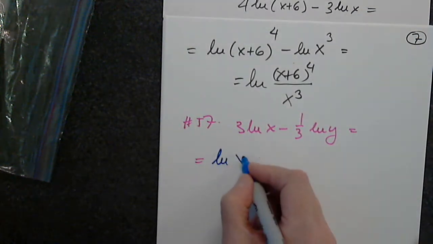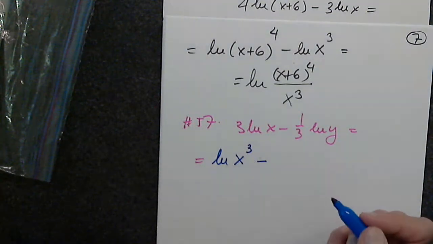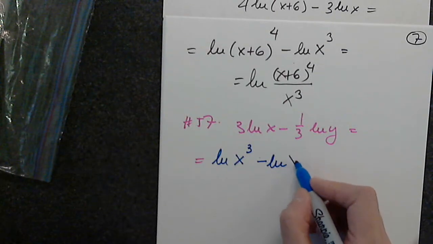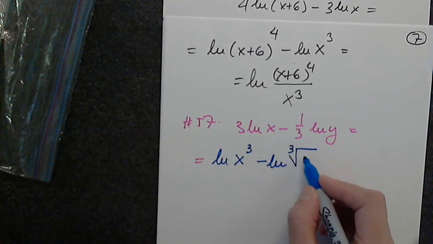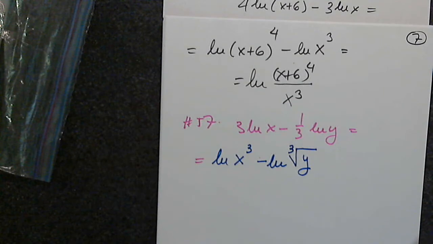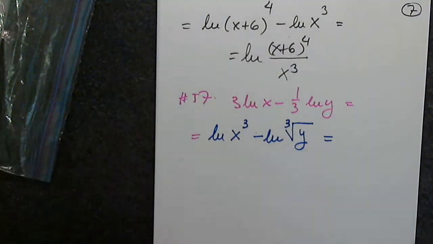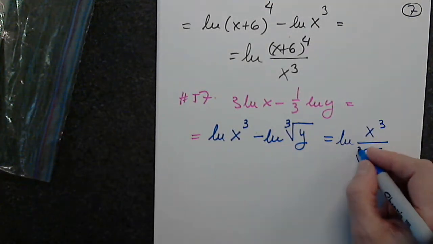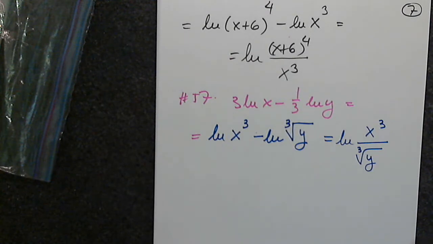Natural log minus natural log, right, which is the cube root of y. Exactly. Power 1/3 means the cube root. And now I can condense because the coefficients in front are 1. So this is natural log x to the third over the cube root of y. Is that clear? Not too difficult, but there is no other function that has these three properties.